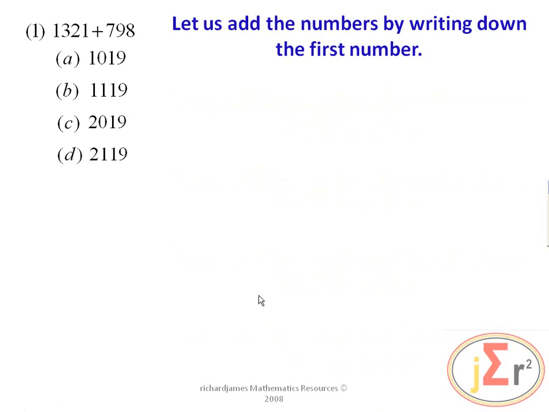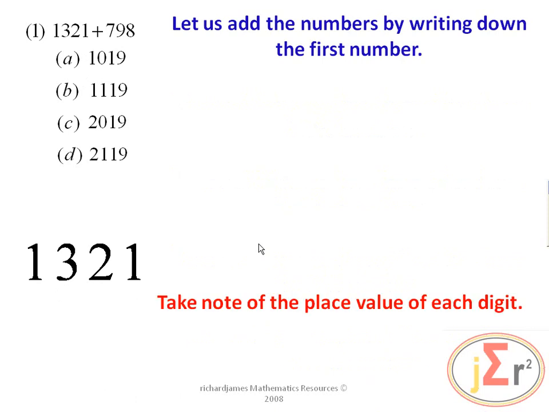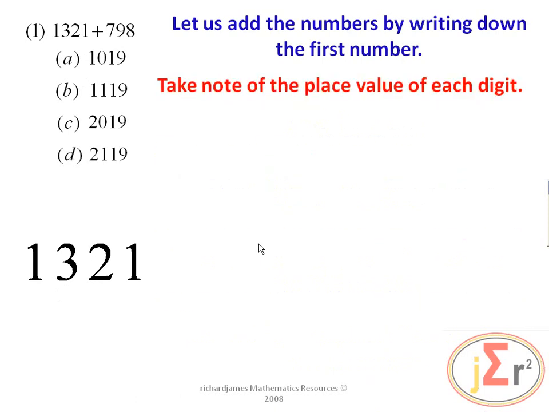So, let us add the numbers by writing down the first number, which is 1,321. Take note of the place value of each digit. It is not completely necessary for us to take note of the place values as long as we have the digits properly vertically aligned.